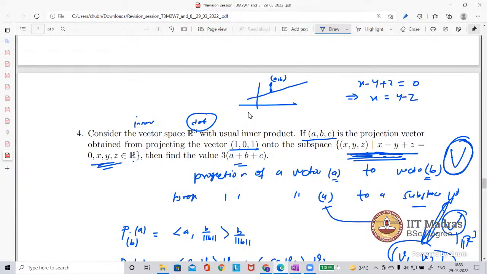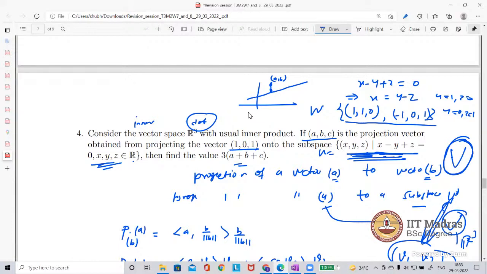To find a basis, assume y is equal to 1 and z is equal to 0. So x is equal to 1, giving the vector 1, 1, 0. For another one, y is equal to 0 and z is equal to 1, so it will be minus 1, 0, 1. So you got a basis of W, if you assume this is W.